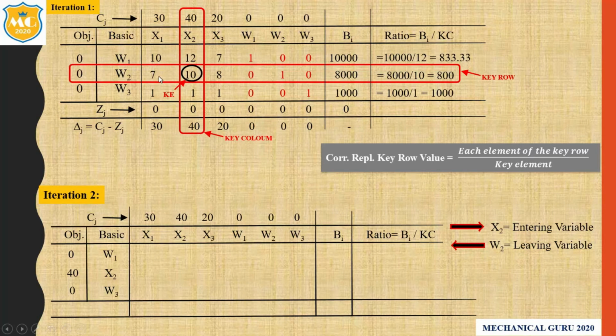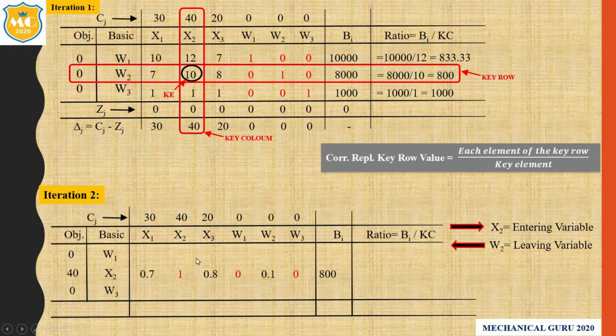The elements of the key row are 7, 10, 8, 0, 1, 0 and 8000. So first 7 divided by 10, similarly 10 divided by 10, 8 divided by 10, 0 divided by 10, 1 divided by 10, 0 divided by 10 and last 8000 divided by 10. So our values are 0.7, 1, 0.8, 0, 0.1, 0 and 800.